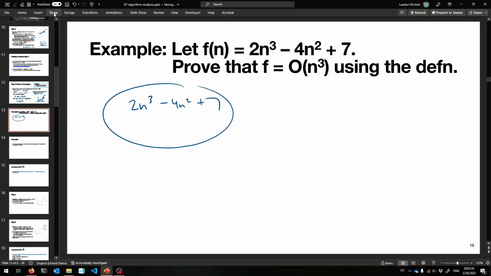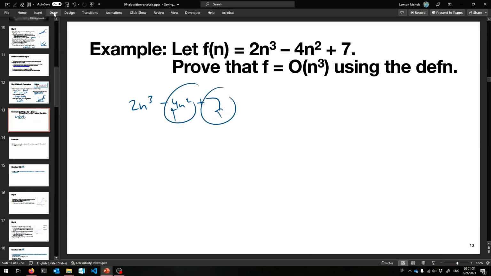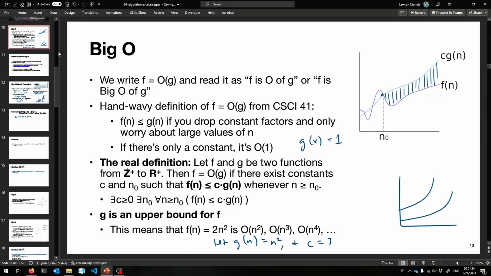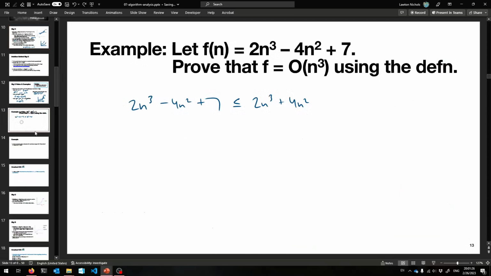Think about this. This is n cubed, this is n squared, this is a constant. These are all smaller than n cubed, right? So let's make them bigger. This is a minus, let's make that a plus. This is immediately less than or equal to 2n cubed plus 4n squared, assuming that these functions are from positive integers, so you never have to worry about negatives.